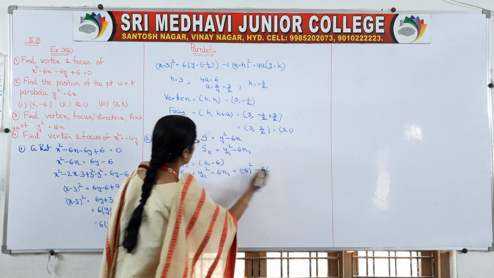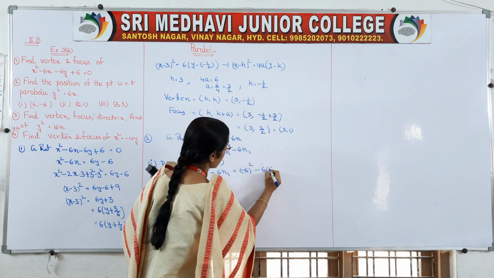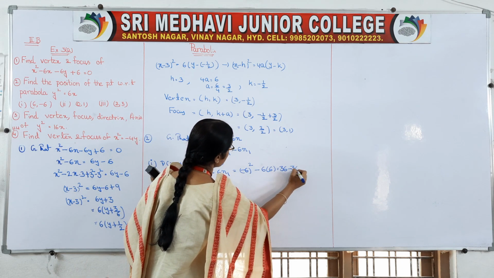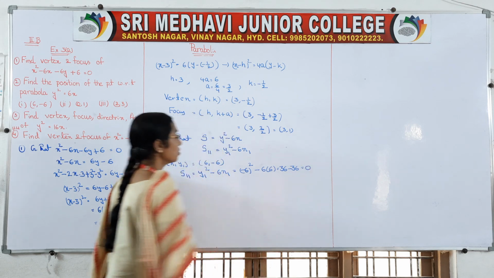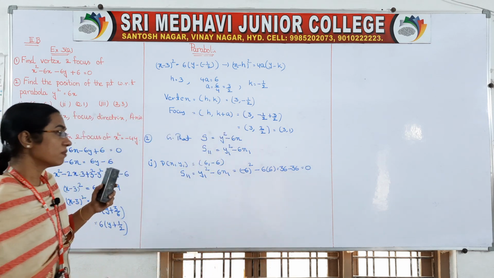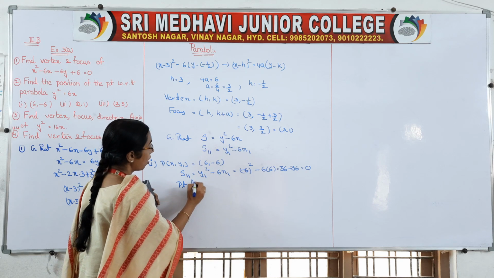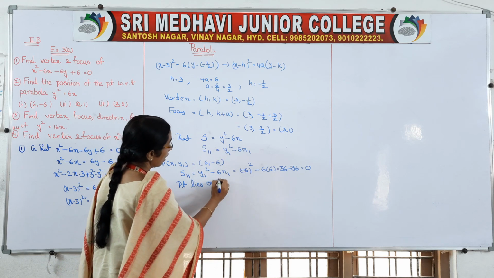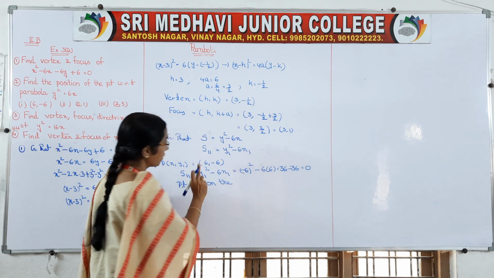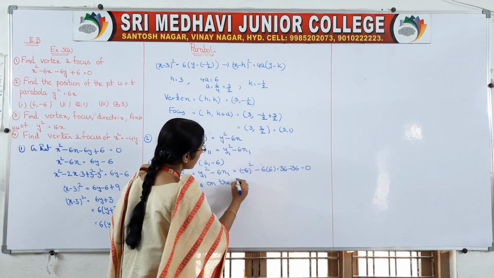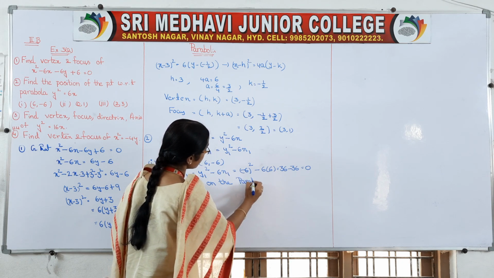Minus 6 into x1 is 6. So it is 36 minus 36 is equal to 0. So S11 is 0 means point lies on the parabola, right? If S11 is equal to 0, the condition is point lies on the parabola.